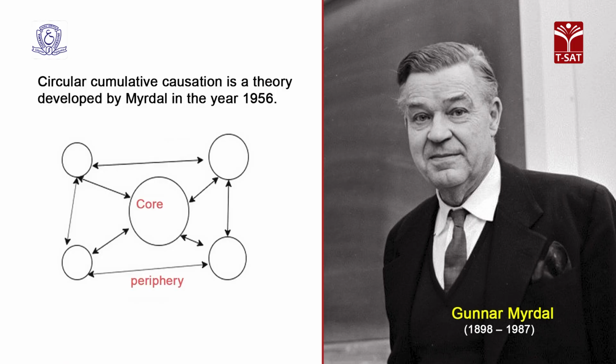Circular cumulative causation is a theory developed by Myrdal in the year 1956. It is a multi-causal approach where the core variables and their linkages are delineated. The idea behind it is that a change in one form of an institution will lead to successive changes in other institutions.